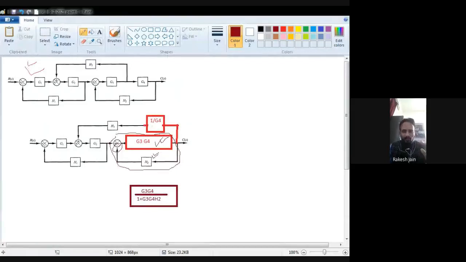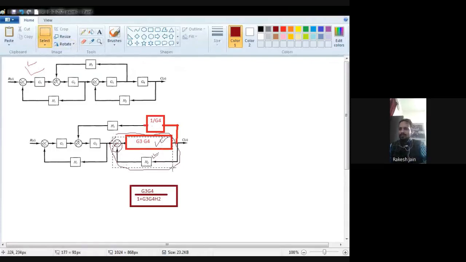Because it comes with negative sign, that's why we write positive: 1 plus forward into feedback. So forward is G3 G4 and feedback is H2. Okay. So now this will be the solution of this feedback loop.